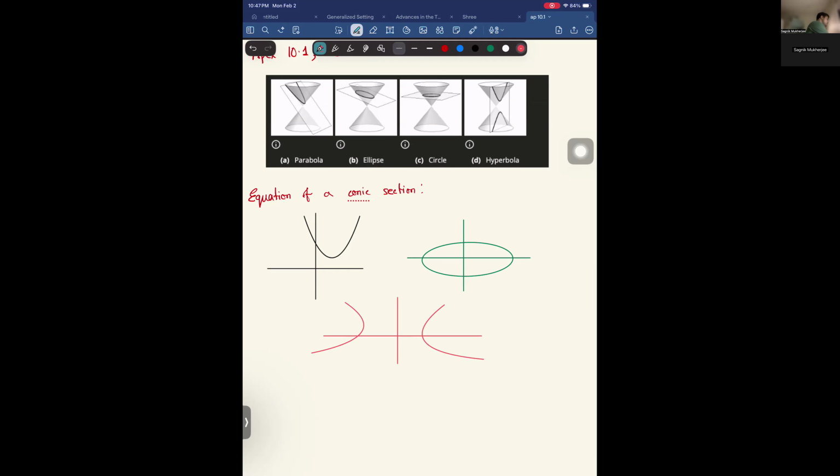So this is a parabola, an ellipse, and keep in mind that circles are also ellipses, and this is a hyperbola.